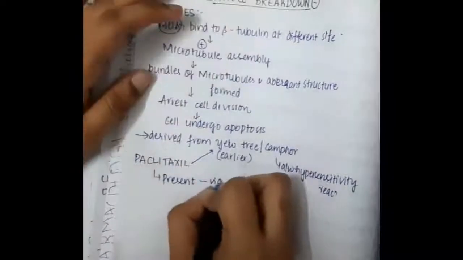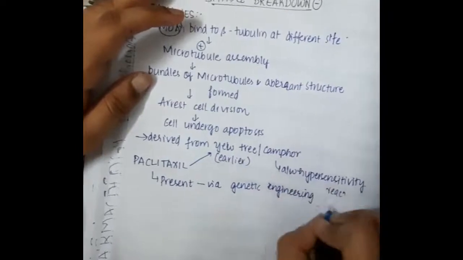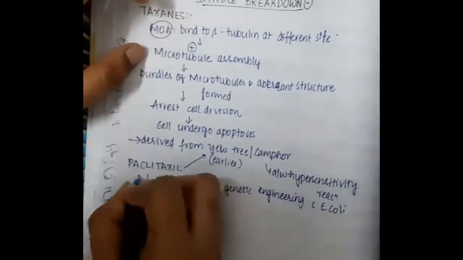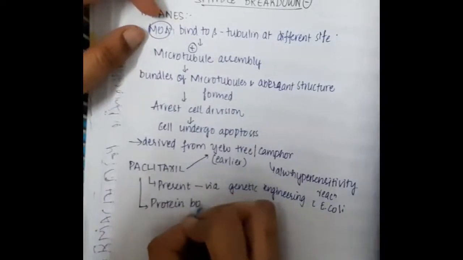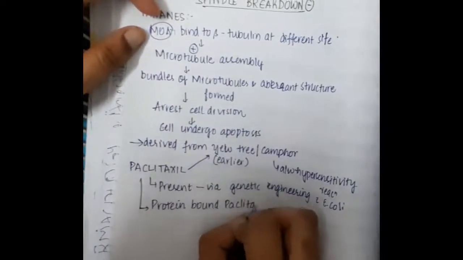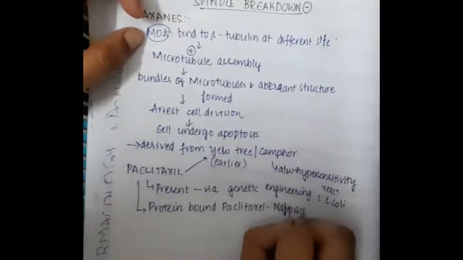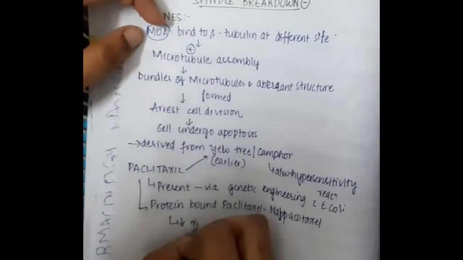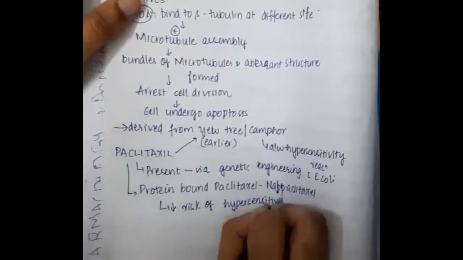Paclitaxel is derived from the yew tree and is produced via genetic engineering with E. coli. A protein bound paclitaxel is used, which is NAB paclitaxel, and this decreases the risk of hypersensitivity.